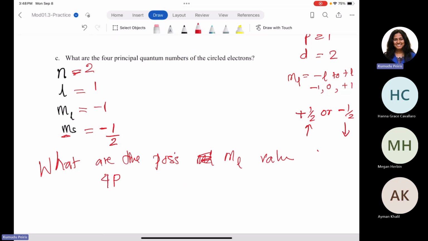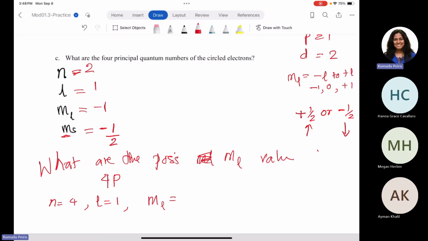So 4p, the principal quantum number, n equals 4, since it's in energy level 4. The L, what is L? P equals 1, so the L equals 1. Now we don't know which orbital that is, so you should give a range.